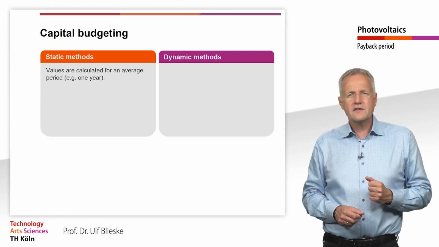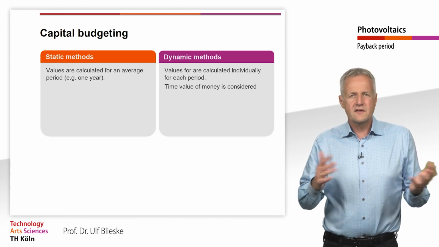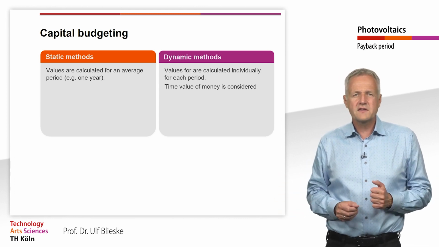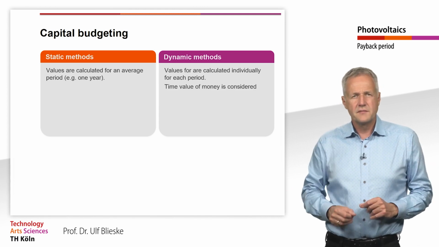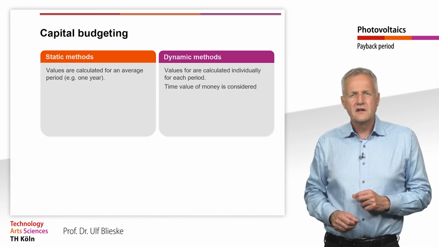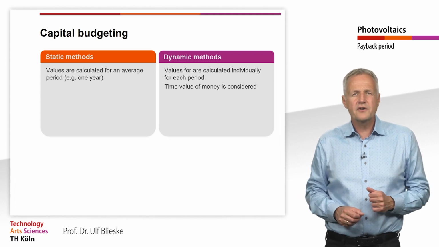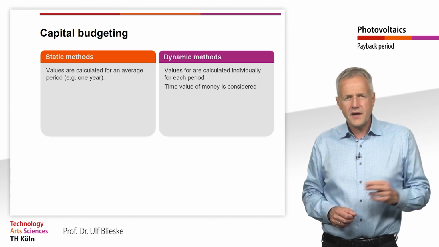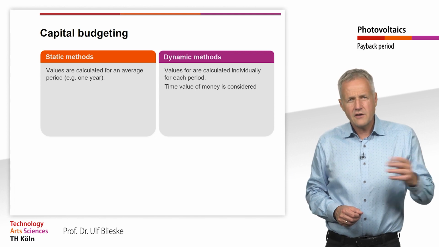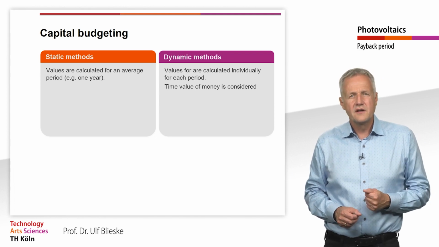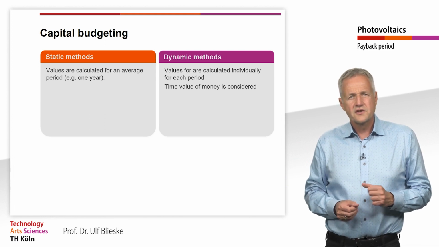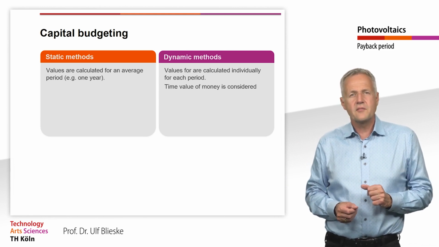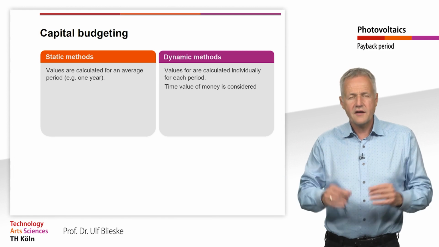In the dynamic methods, both the yields and the income and costs for the PV system are calculated for each year of the lifetime. In addition, these methods also take into account that the value of money decreases over time. A yield of 100 euros 20 years in future generally has a much lower value than it would have today.